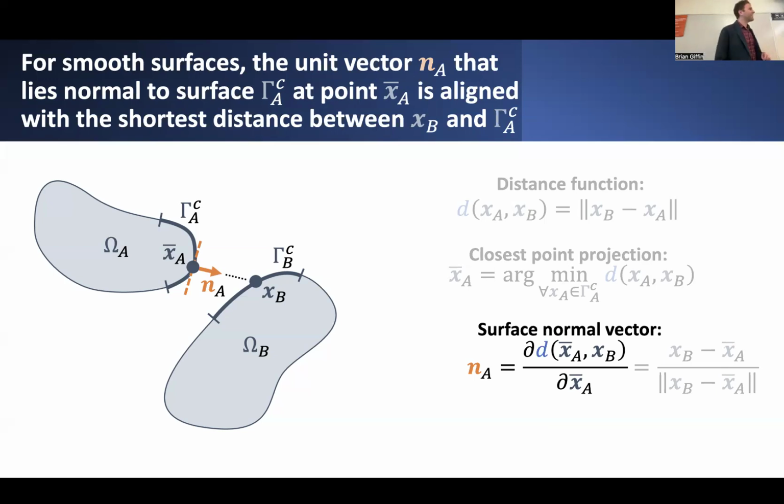So if I like, I could go about defining this normal vector in any number of ways, but it is effectively this vector that is strictly perpendicular to this surface at this projected point location. So I have now a normal vector that points from point A to point B and which has unit magnitude.